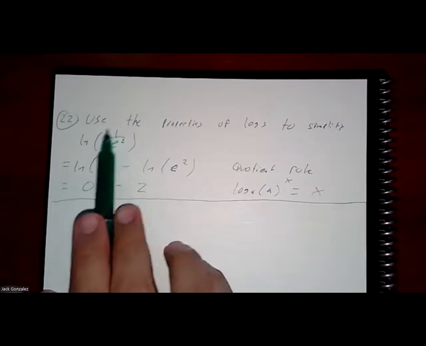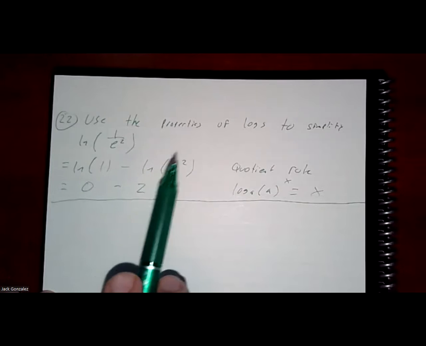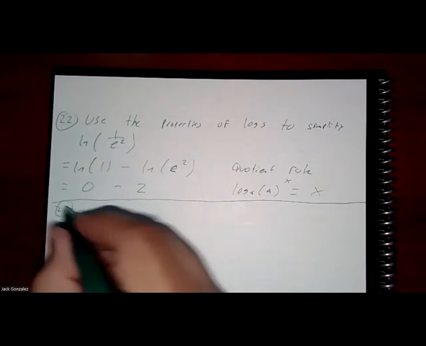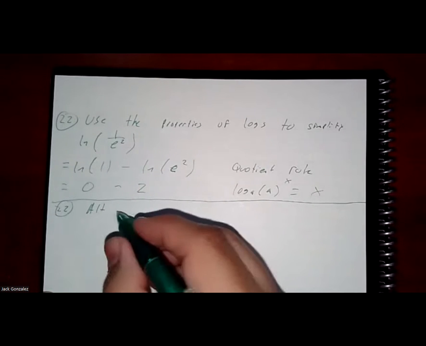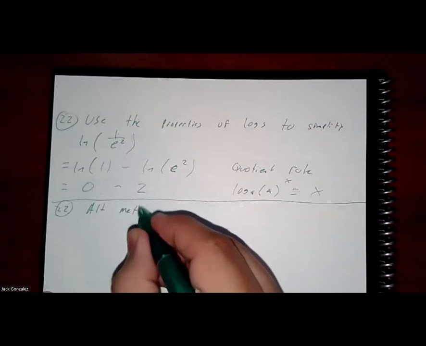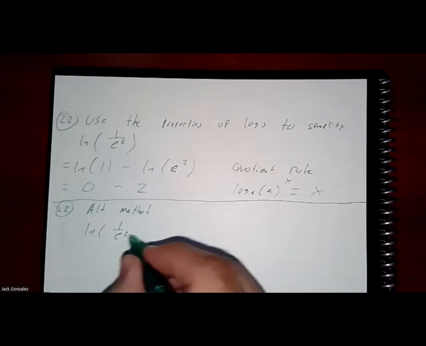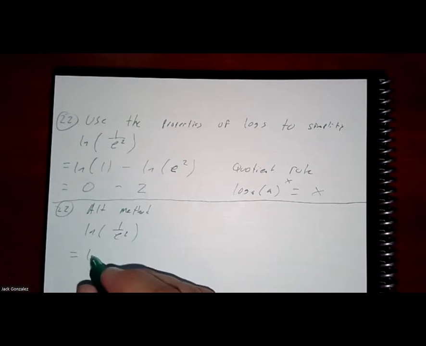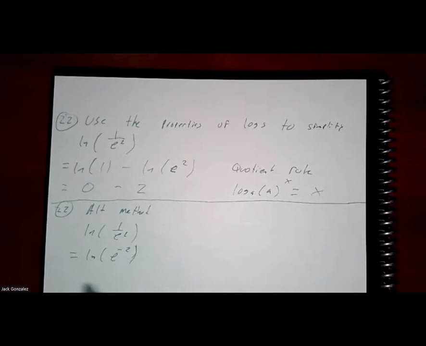Well, you have to first separate this. You could have, if you wanted to, done this: ln of 1 over e squared would be the same as ln of e to the -2, and then cancel that.